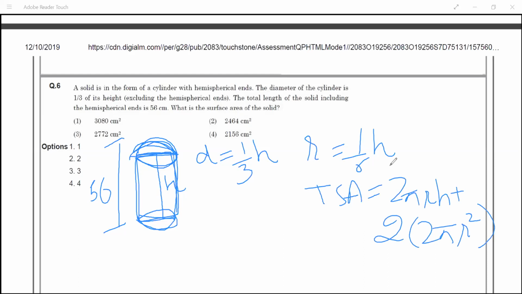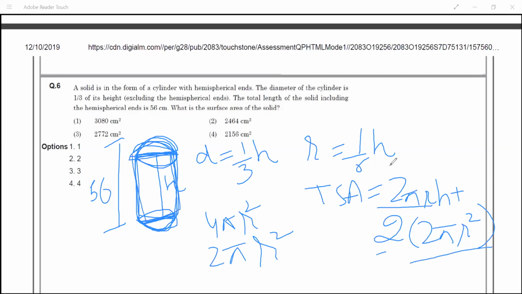This rectangle has the area of 2 pi r h, and this is a hemisphere and this is a hemisphere. The total surface area of a sphere is 4 pi r square, whereas the area of a hemisphere is 2 pi r square. So here we have two hemispheres. 2 pi r h is the area of this part and 2 multiplied by 2 pi r square is the area of this and this. Fine, this is our formula.